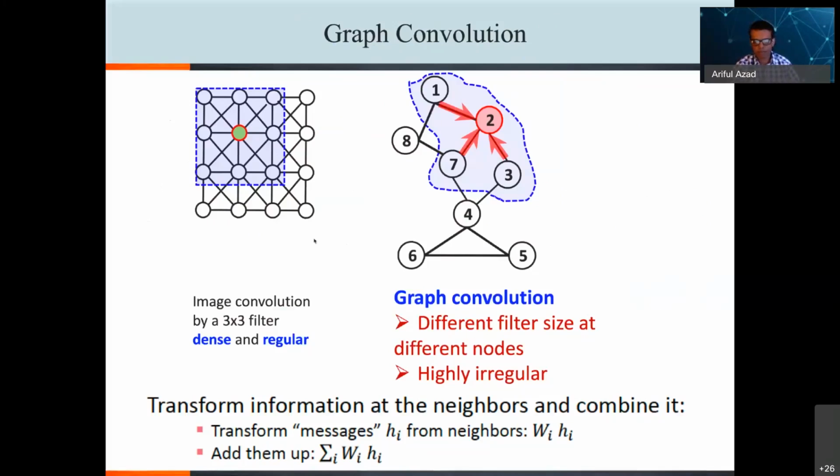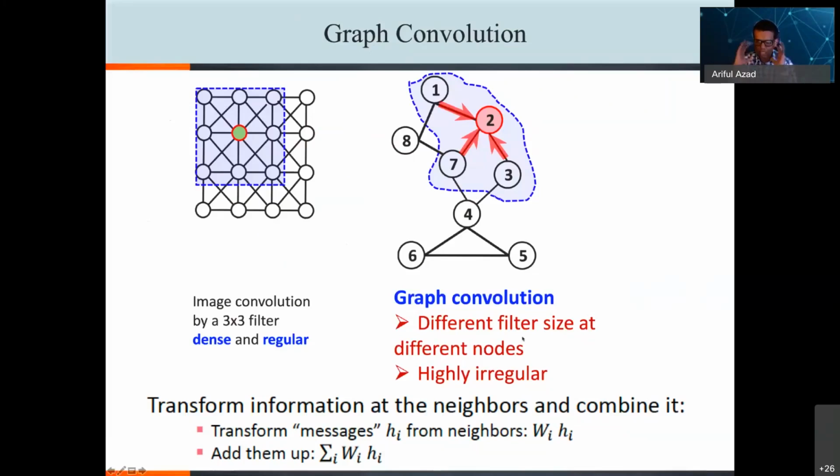When we apply a filter, here I put this blue square 3x3 filter, we slide that filter in the image and identify different features. That is a part of image convolution or a convolutional neural network. That is easy in the sense that this filter is dense and images are regular.